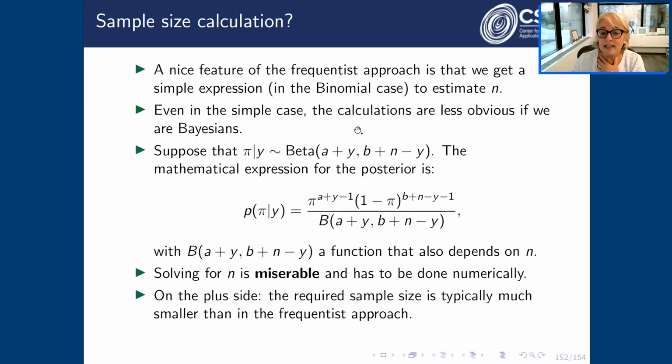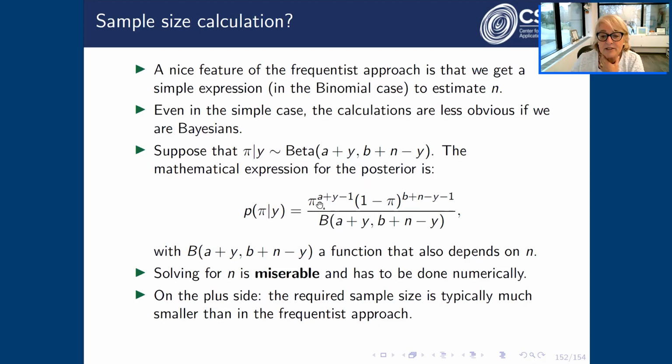The a and the b come from the prior. The y and the n come from the data. This distribution has a mathematical expression. This is a mathematical function, and it looks like this.